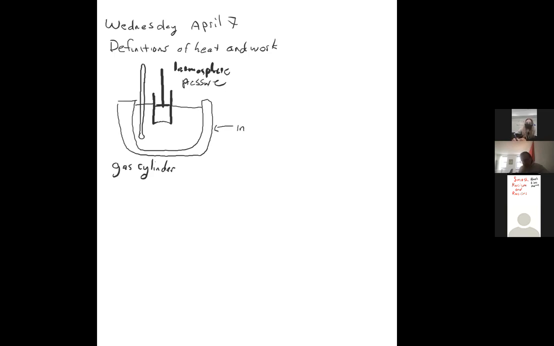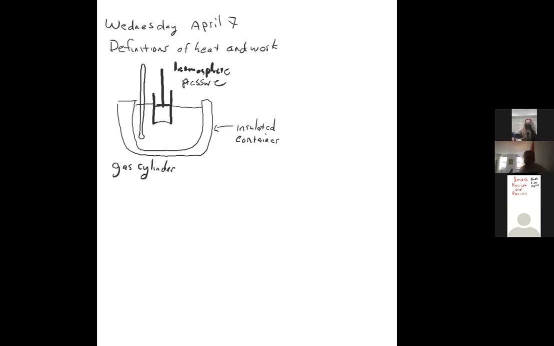So this outside here is an insulated container. When you insulate something, there's two types of insulation. There's what we call electrical insulation. So if you have a wire, an electrical wire, you often coat on the outside an electrical insulator to keep the electricity contained within the wire.